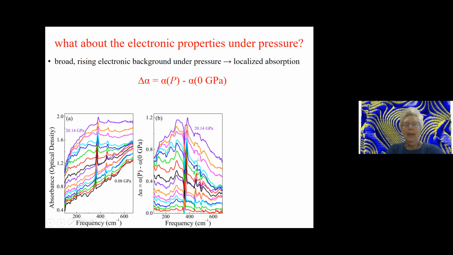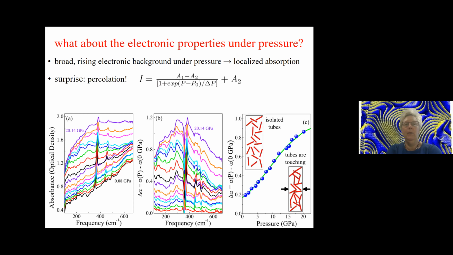Then we did a very simplistic thing: we took the intensity of this hump at some position, say here, and plotted it as a function of pressure. If you do that, you get these blue points. And if you fit with this percolation model what the intensity should look like, it's pretty bang on.